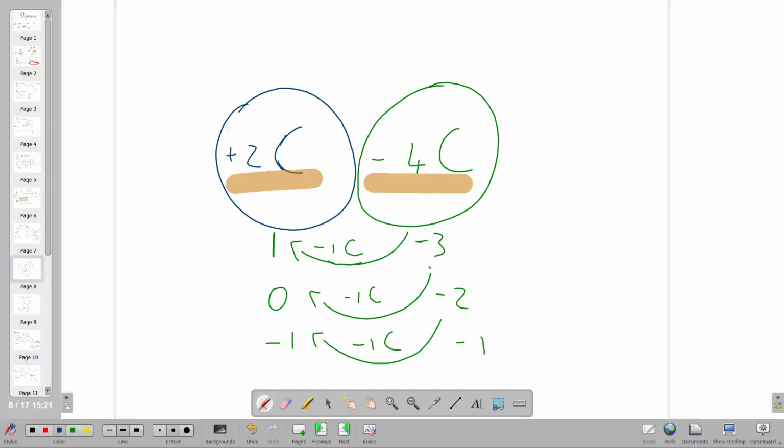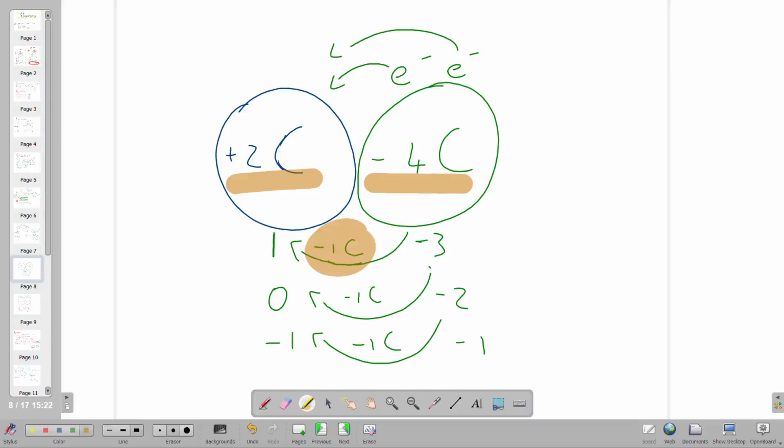As I said previously, we know the electrons here will flow from the negative to the positive. But just to give you an idea of what the net charge, or the charge at the end, will be, I'm quickly going to explain it in the following steps. So for example, let's say 1 coulomb of charge goes over from the -4 coulomb to the +2 coulomb.